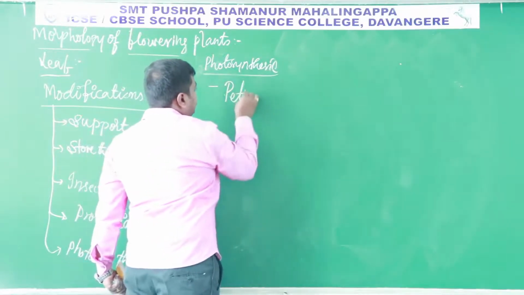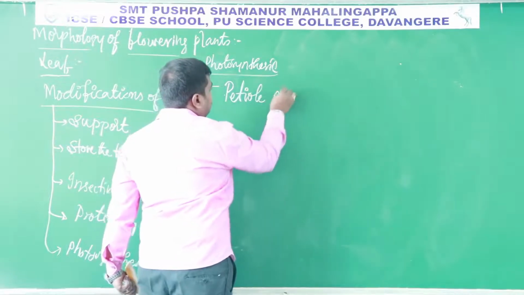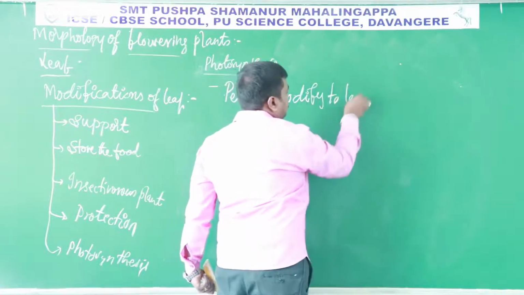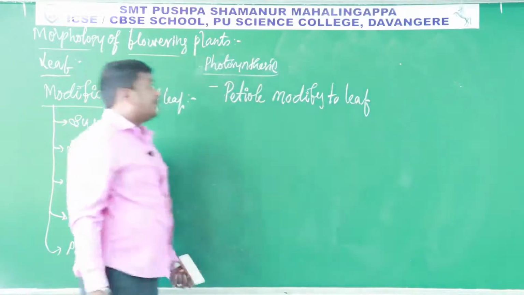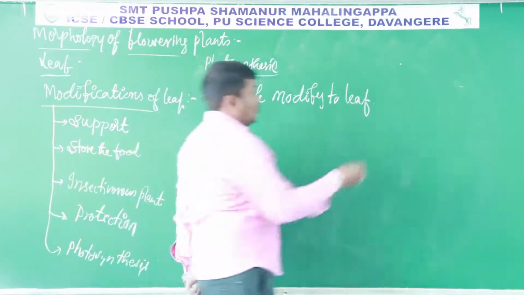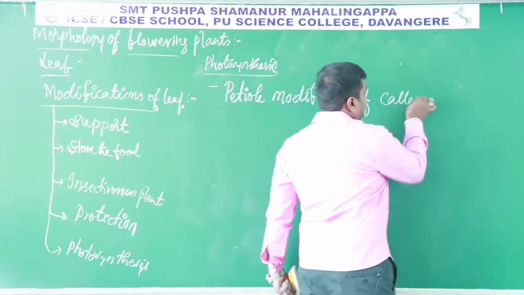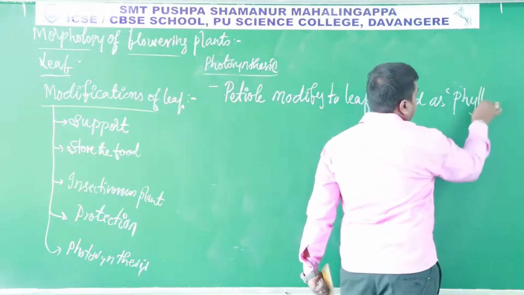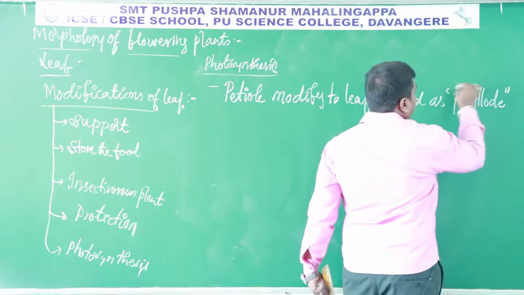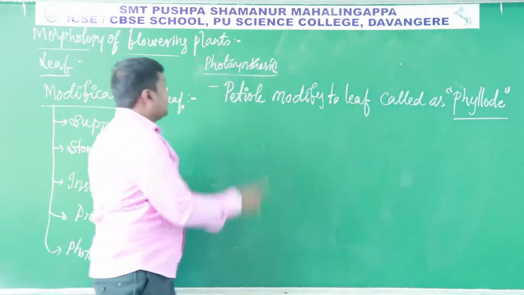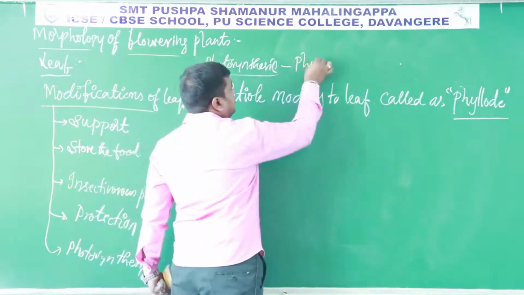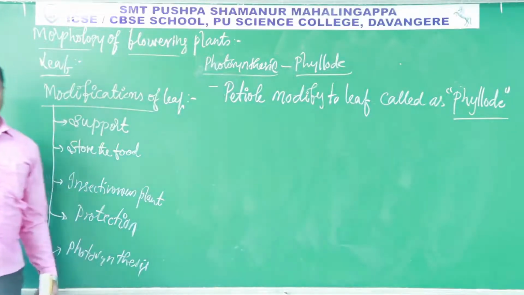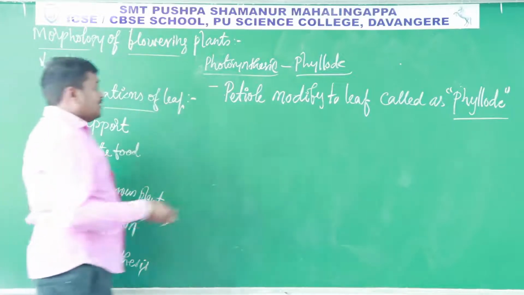Petiole modified to leaf is called phylloid. So for photosynthesis, the modification type is called phylloid, where petiole is modified to leaf.